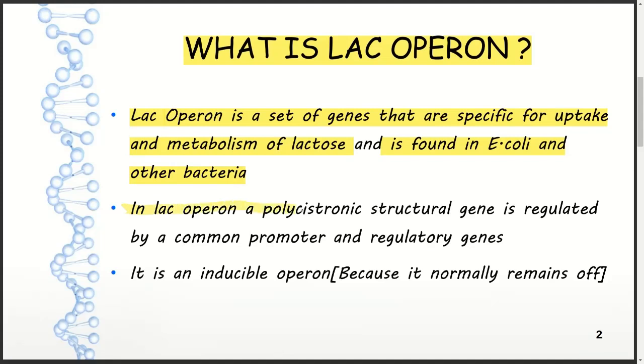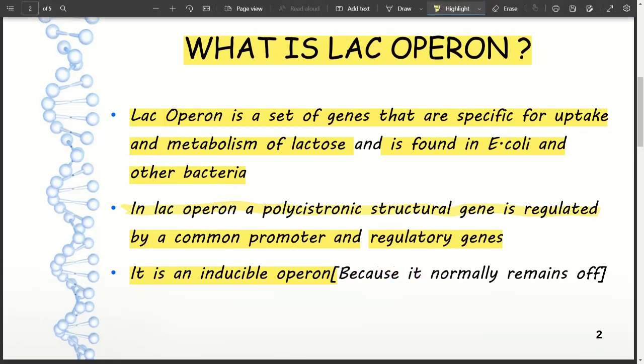In lac operon, a polycistronic structural gene is regulated by a common promoter and regulatory genes. It is an inducible operon. Why is it an inducible operon? Because it normally remains off.